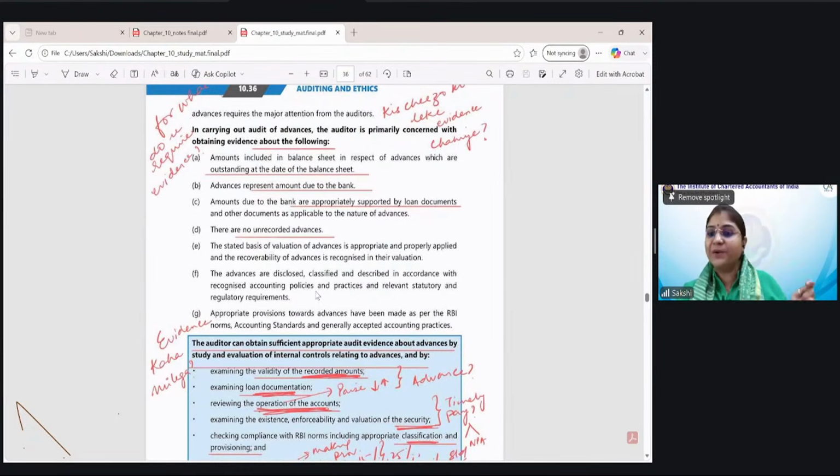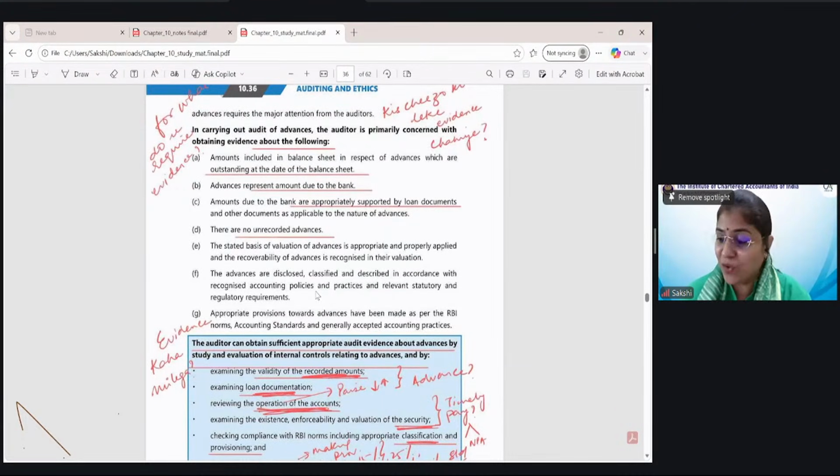Since you have now done the items of balance sheet and the assertions, you can see from where you can get the evidence. So you can relate, and the more you relate, the less effort you take in learning, because you are able to apply it logically.